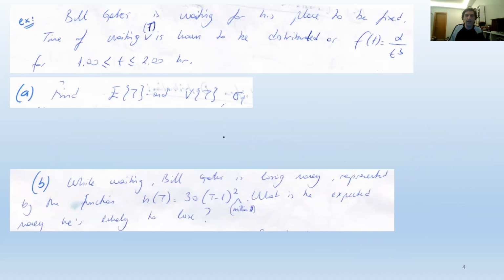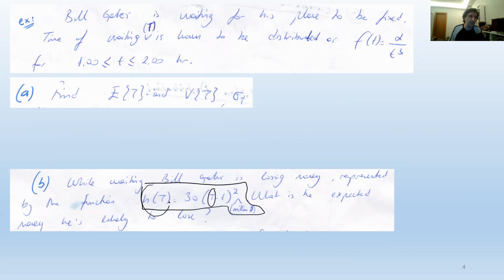While waiting, Bill Gates is losing money, represented by the function h(t) equal to this one, $1 million, or whatever the unit. I'm not going to talk about the unit, it is not important. What is the expected money he's likely to lose? The idea is very simple. We have a deterministic function of t, which is itself a random variable.